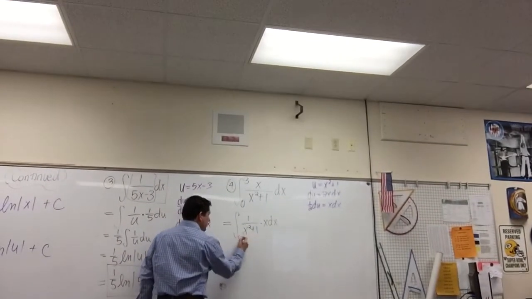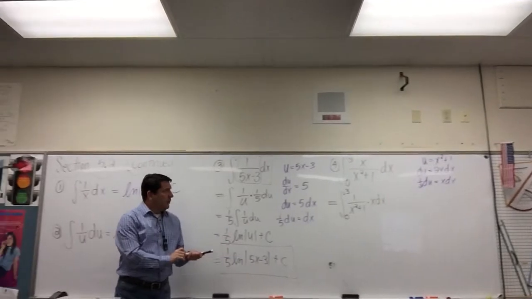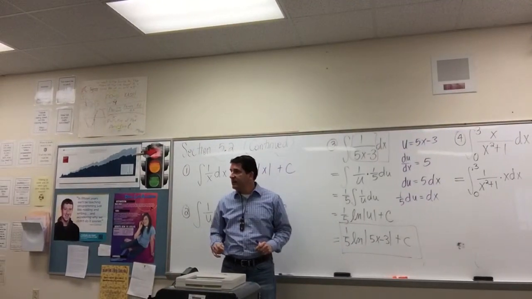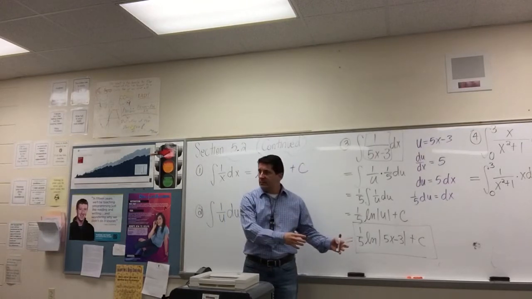Okay, I forgot to put my 0 and my 3 on here. So what we're going to do is the change in variables technique. So I'm going to go into the u mode, and I'm not going back to x's.